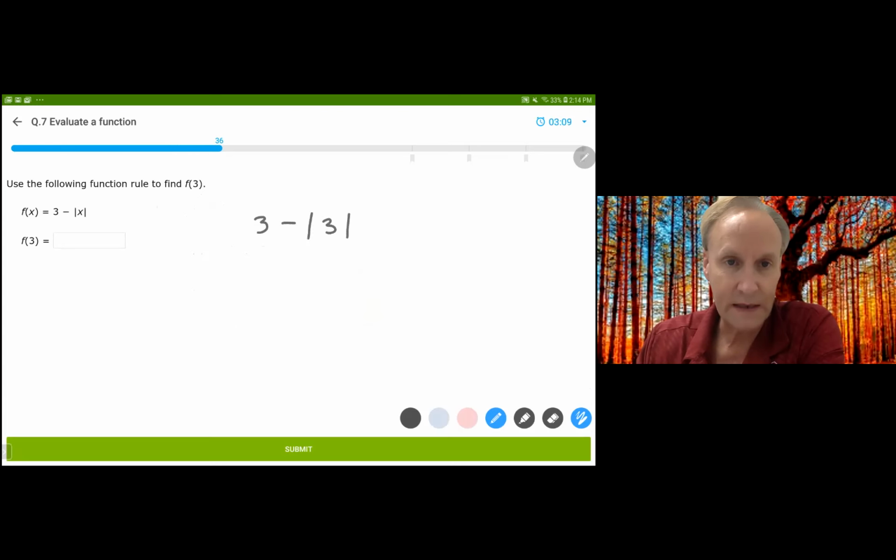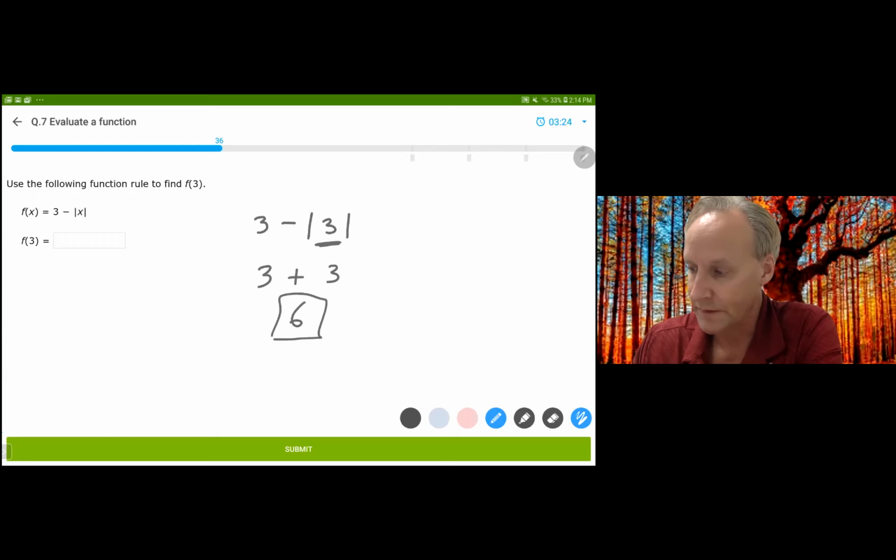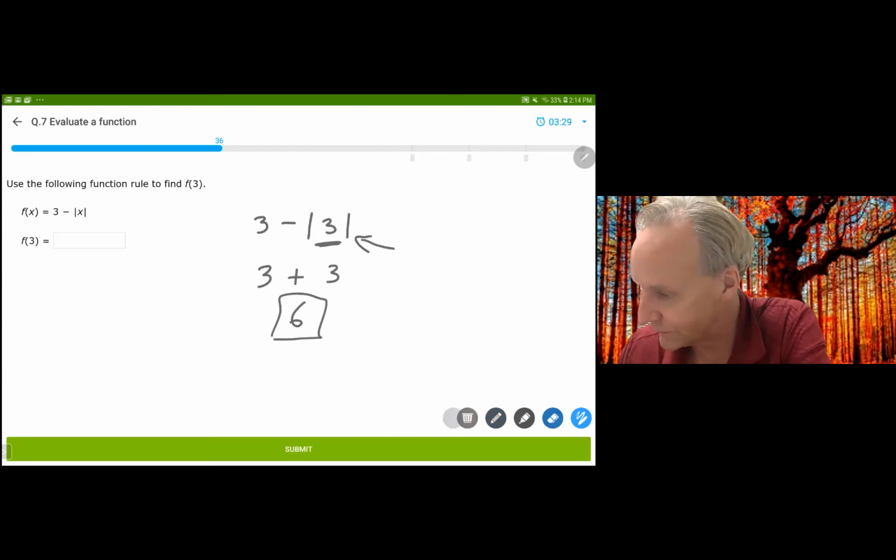And this says take 3 minus positive 3. No matter what value you put inside of absolute values, they're positive. So we have 3 plus 3, which is 6. This number will be positive. Oh, what the heck is wrong with me?